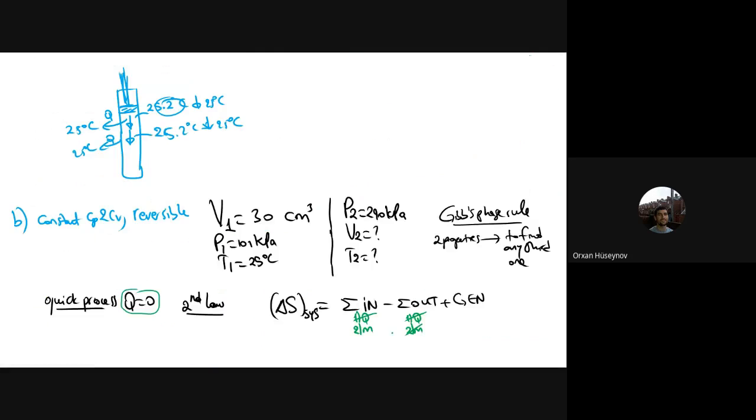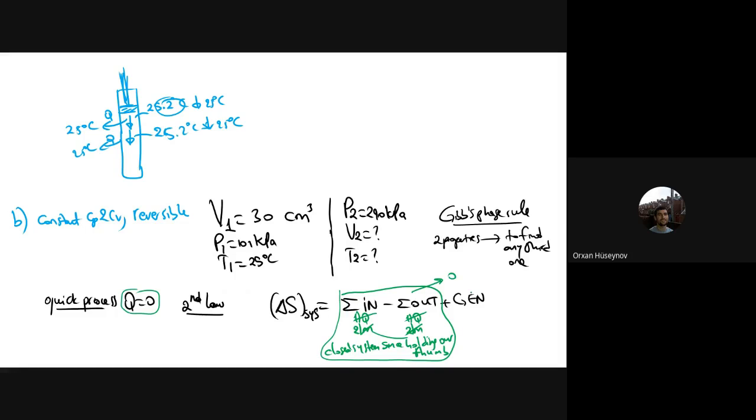Therefore, this one is 0, since we are holding our thumb. So mass transfer is 0, closed system, since we are holding our thumb on the exit of it. So therefore these terms here are 0.